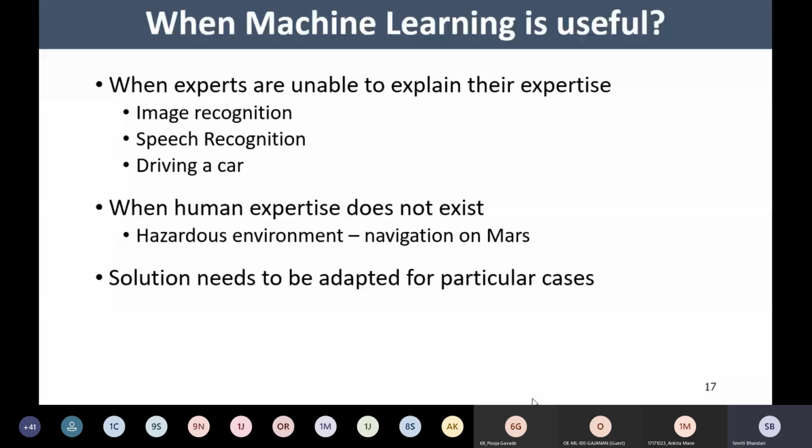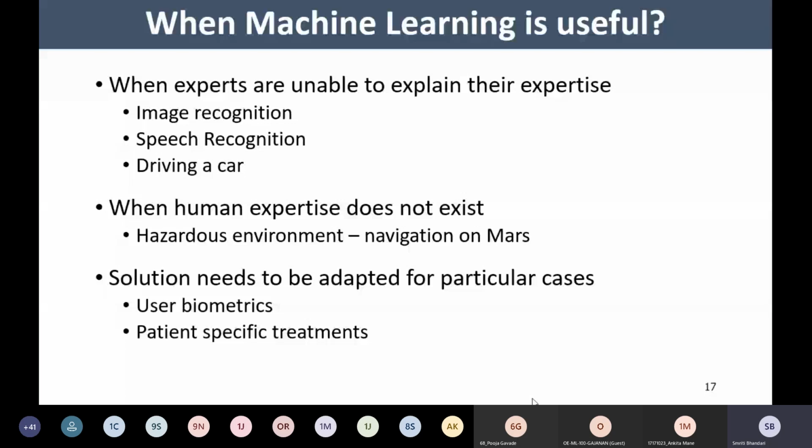In some other situations, wherever we need solutions for very specific cases, say for example in a medicine application, where we want to give a specific treatment for a particular patient's allergies or some specific disease.